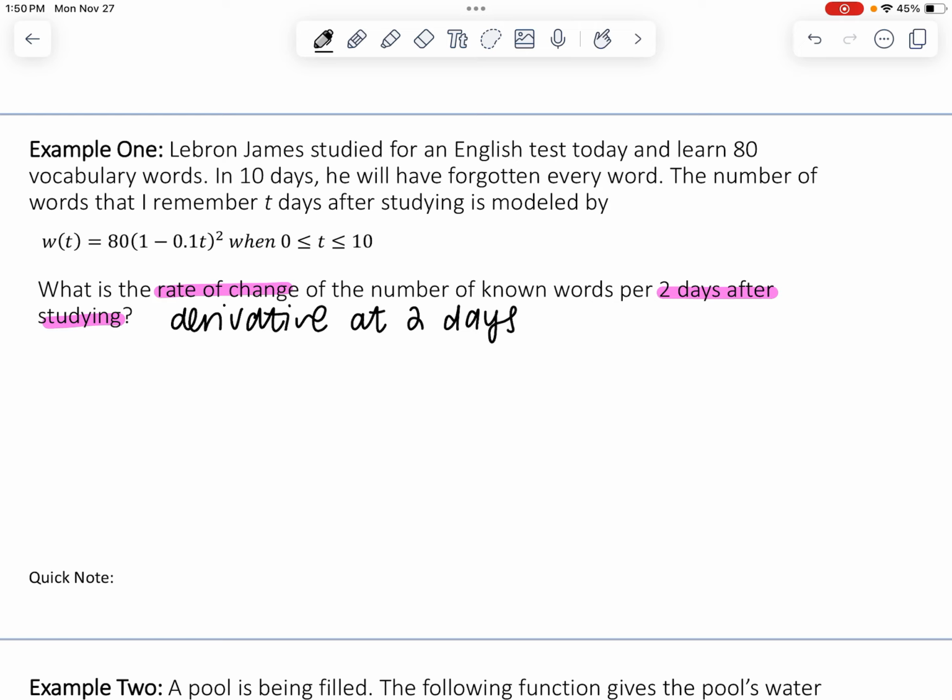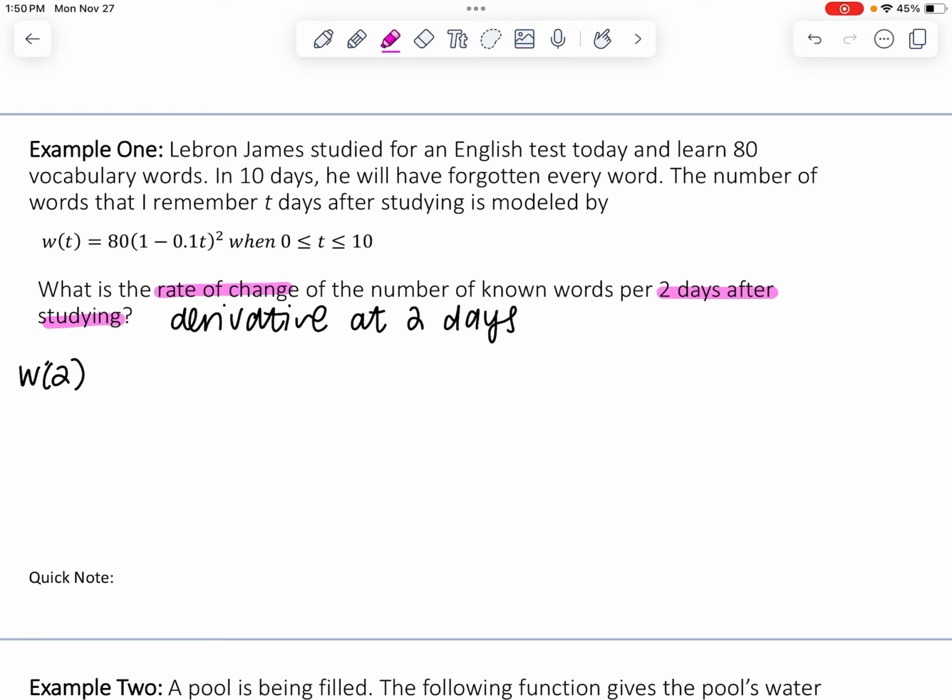And so my goal in this problem is to find W prime of 2. So first, we're going to have to go to our equation W of t, which is 80 times (1 minus 0.1t) squared. And I'm going to have to start by finding the derivative of that.